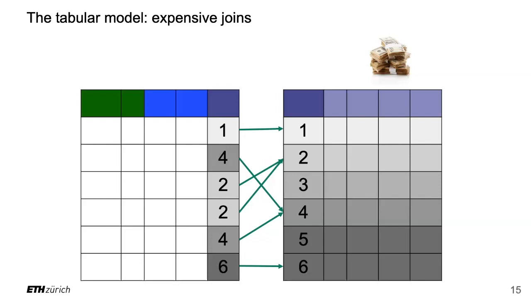For example, there's a table on the left, a table on the right, and there are foreign keys and primary keys that are linked, shown with the arrows. Joining is actually expensive. We would like to avoid that, in particular because the data is spread all over the cluster, over 10,000 machines. Imagine the mess this is going to be if we need to join all the time.